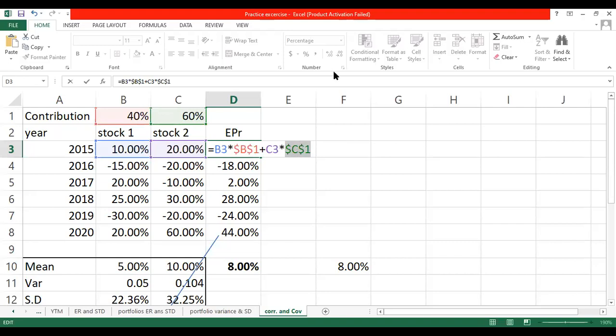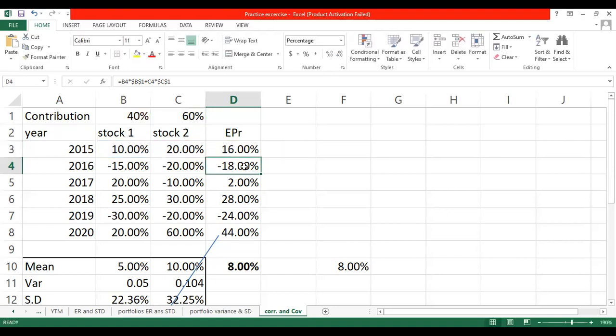Select and press F4, and after that just press enter. That 16% is my portfolio return. Now drag it down, and I will calculate the expected portfolio return.